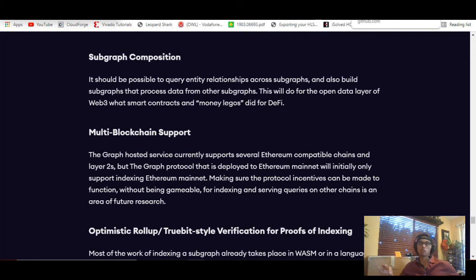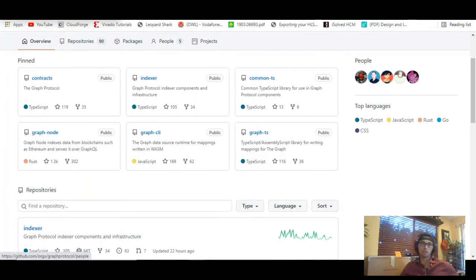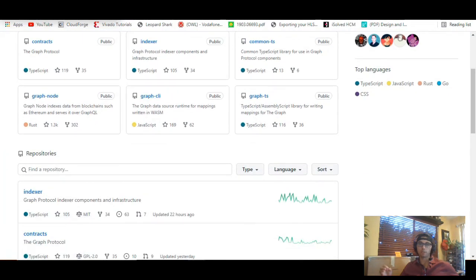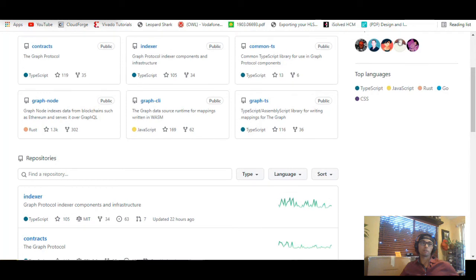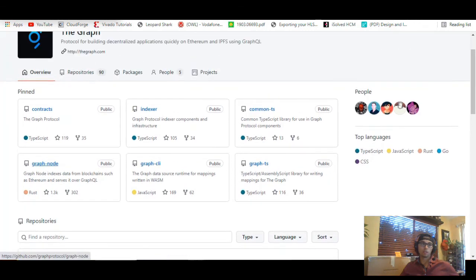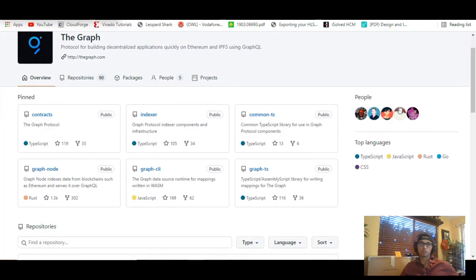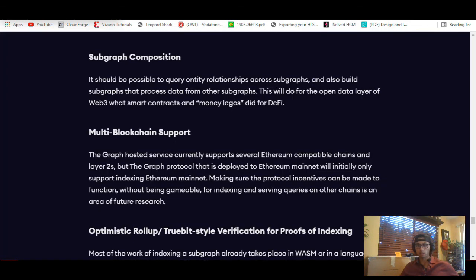You can see their Git and all their updates. If you're code savvy, definitely dive into some of that. And if you see any red flags, point them out, and I'll dive into that as well. My plan wasn't really to dive into the code of the graph, but I'll dive into parts of it if there are questions about it.